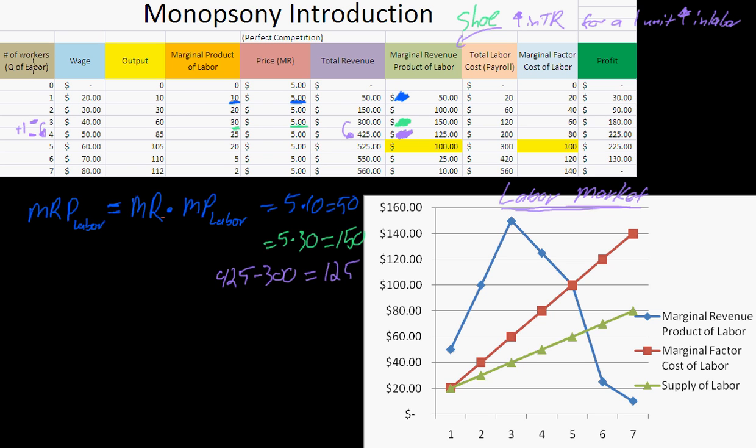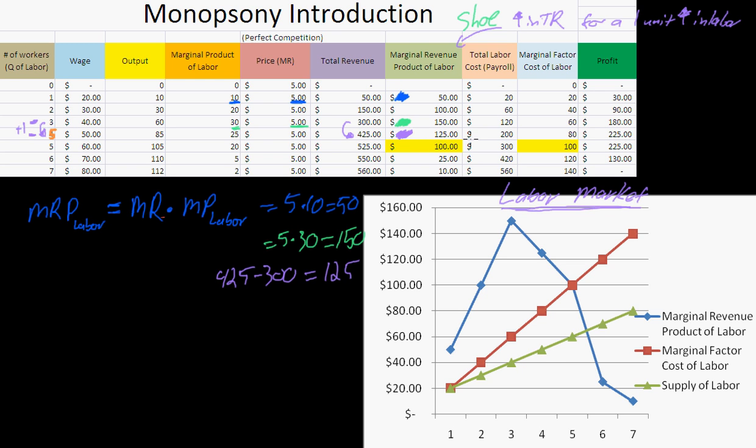Alright, so what would we do if this went not from 3 to 4, but from 3 to 5? So we'll do this in orange. Well, there are 2 different ways to look at it. One is that this 125 is now the increase for 2 workers, so we should just cut it in half.